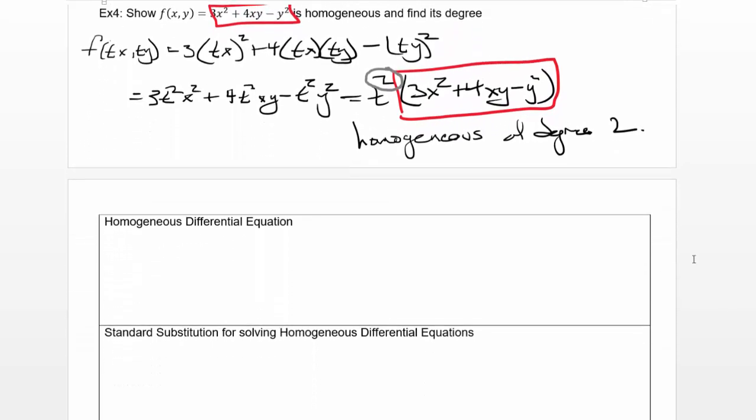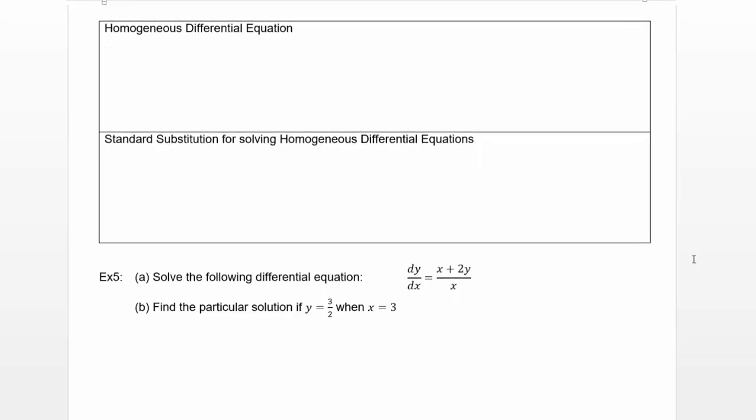We say a differential equation in totality is homogeneous if it can be written in the following way.